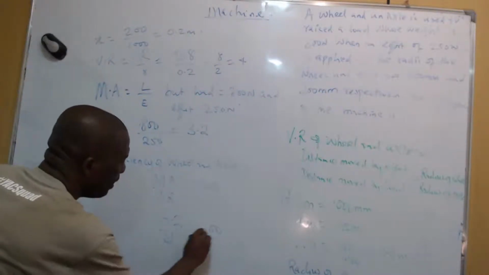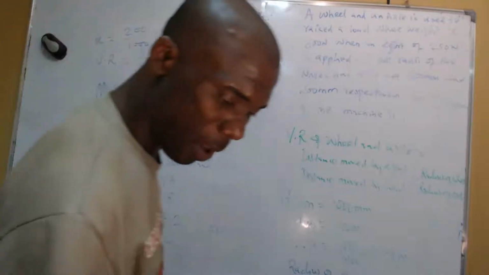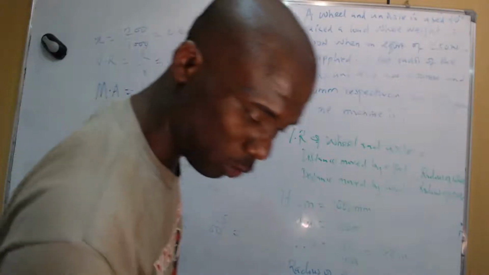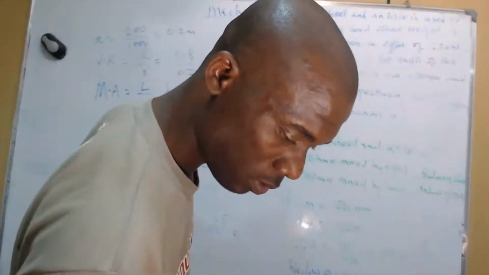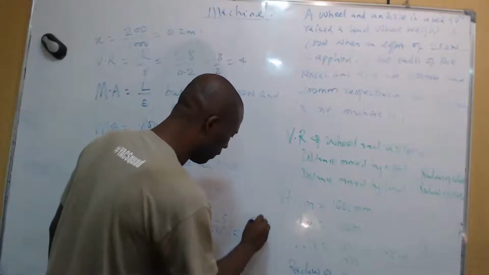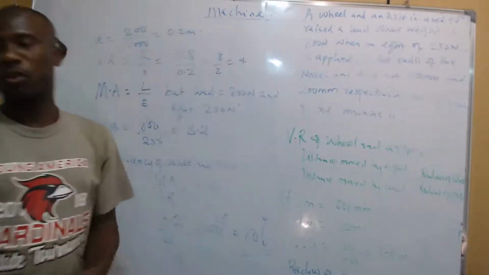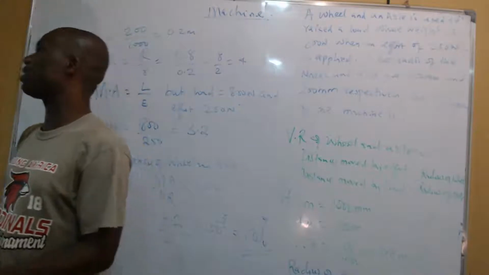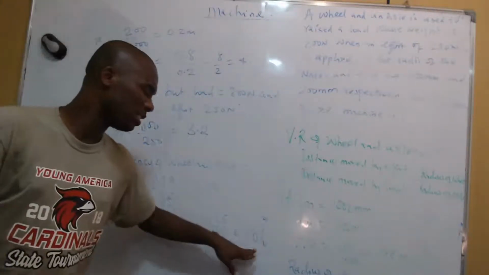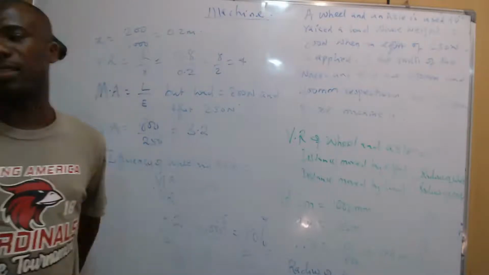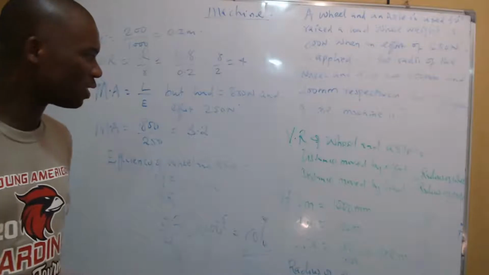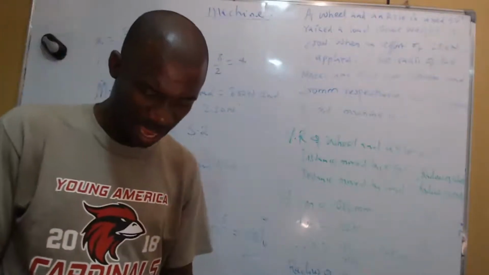So 100 divided by 4 is 25. Therefore 25 times 3.2 will give us 80. So the efficiency of the machine is 80%. So there are frictional losses in the system. The frictional losses in the system is like 20%, and that is why the efficiency of the system is not 100%.